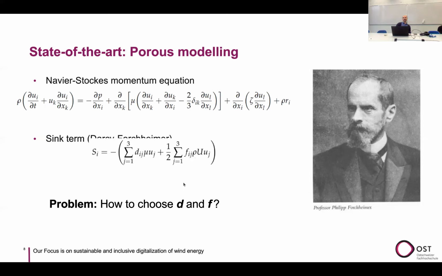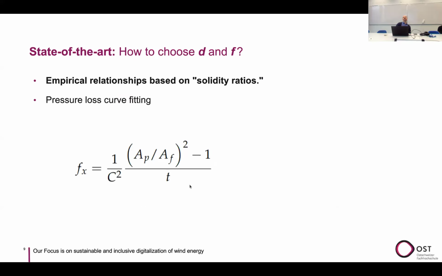And the problem which arises here is, okay, we can model these screens by adding this Darcy-Forchheimer term, but how do we choose these matrices, the D matrix and the F matrix, because they have these coefficients that introduce the resistance. What is done right now is one option is to go by empirical relations.